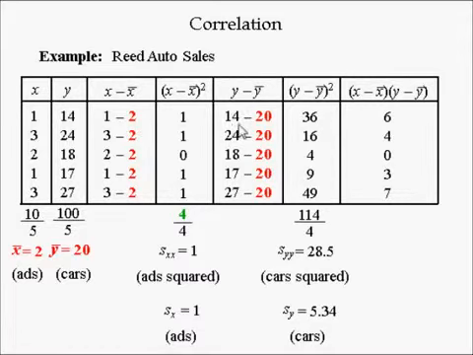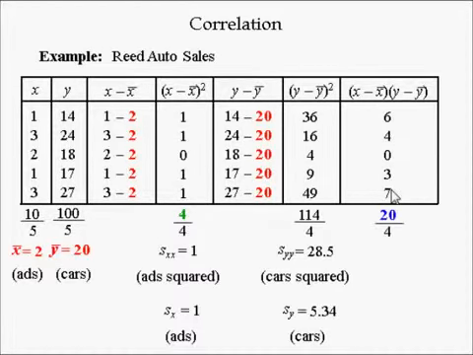The negative times a negative is positive, which is why this is 6. The product of x's second deviation from the mean, 1 ad, and y's second deviation from the mean, 4 cars, equals 4 ad cars. The remaining products of deviations from the sample means are computed in a similar manner, which are 0, 3, and 7 ad cars.